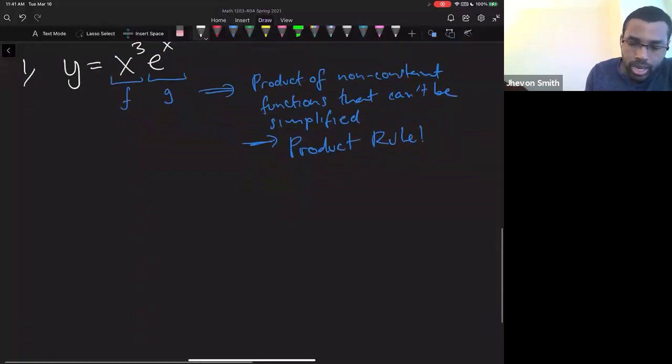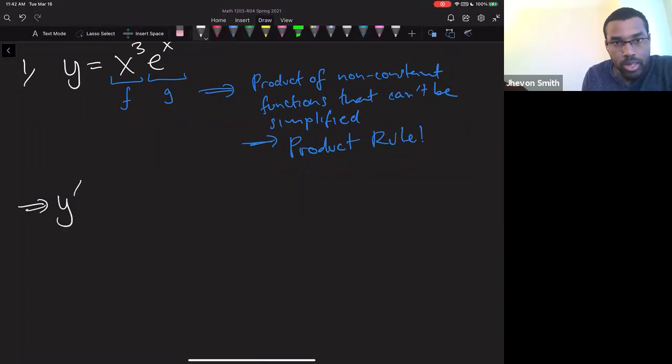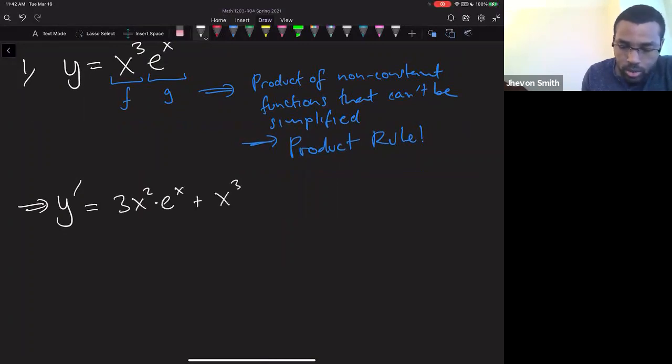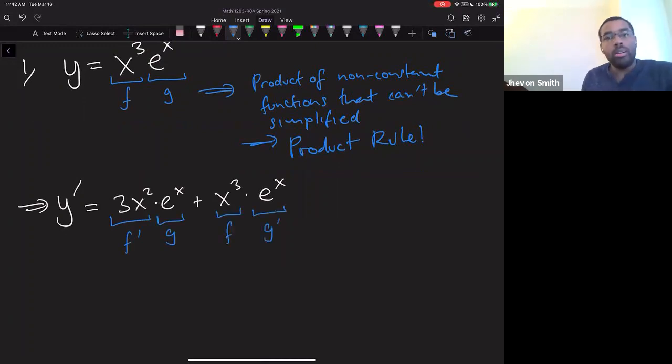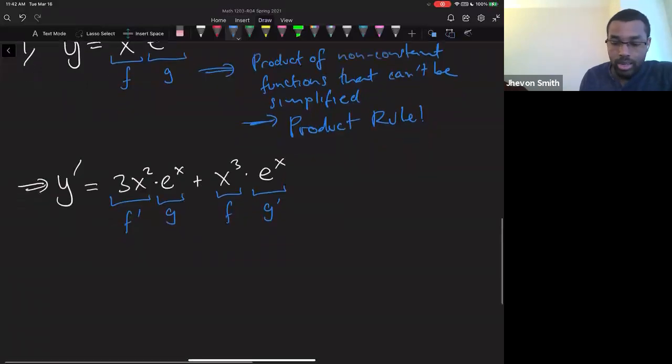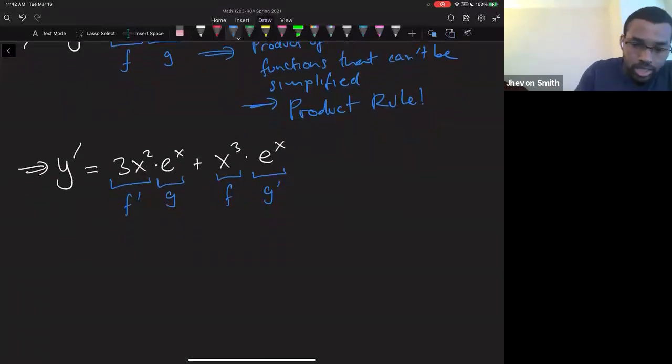The product rule says, call this y prime because I'm finding the derivative, that I'm going to differentiate the first one, leave the second one, plus leave the first one, differentiate the second one. So this here is your f prime, this here is your g, this here is your f, this here is your g prime. This is the product rule. And that is in fact the answer.